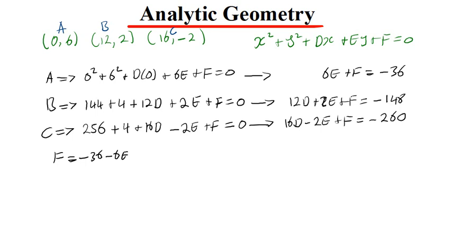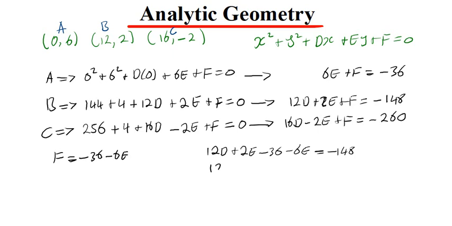Okay, so I'm going to bring them here and substitute in those two equations. This will have to be 12d plus 2e, where there's f, I'll put minus 36 minus 6e equals minus 148. And what does this turn out to be?